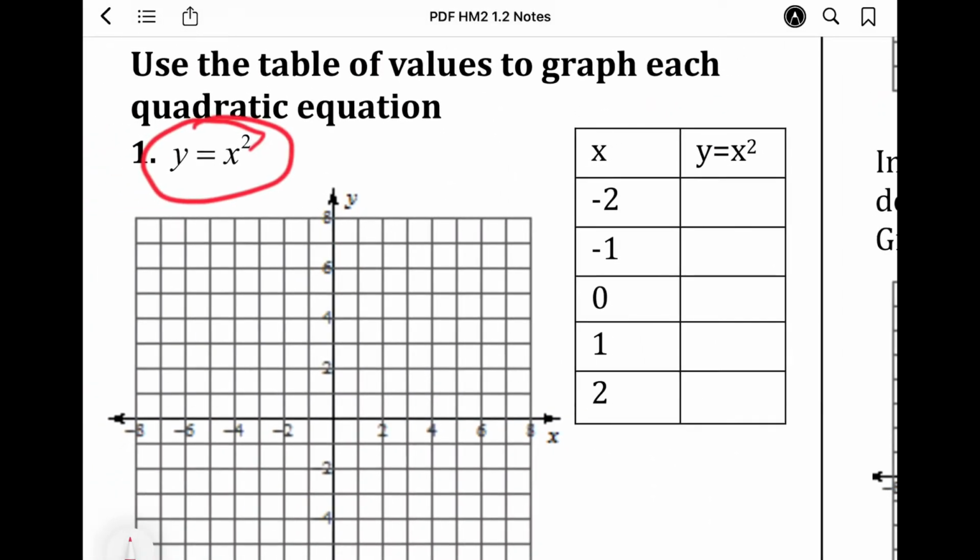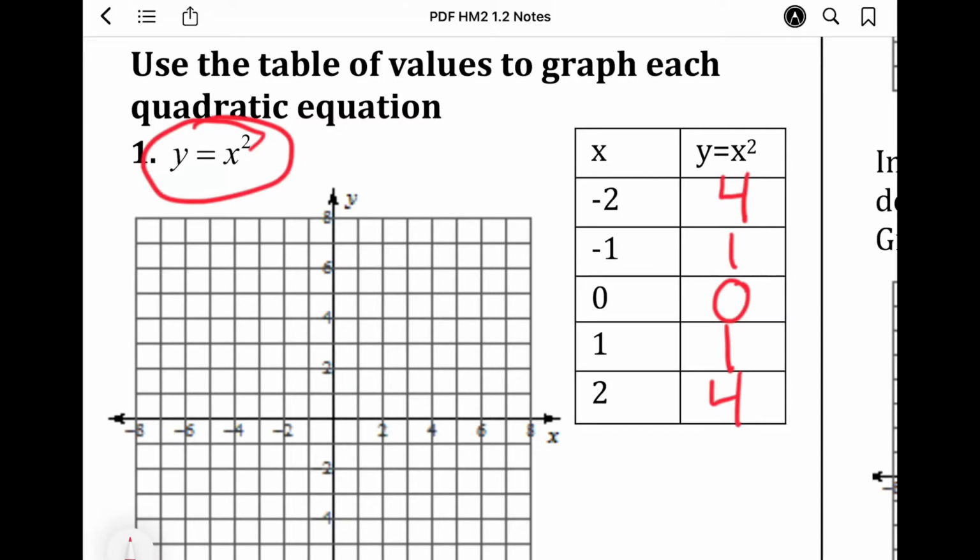If you go to x is negative 2, you should have y is 4, where x is negative 1, y is 1. When x is 0, y is 0. When x is 1, y is 1. And when x is 2, y is 4.